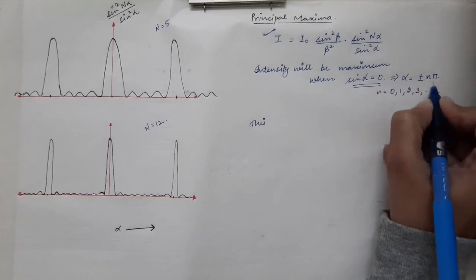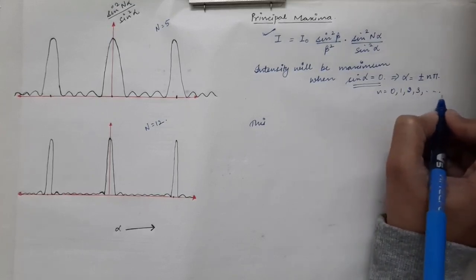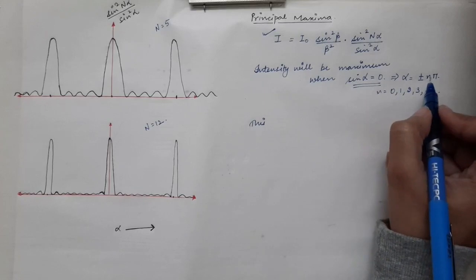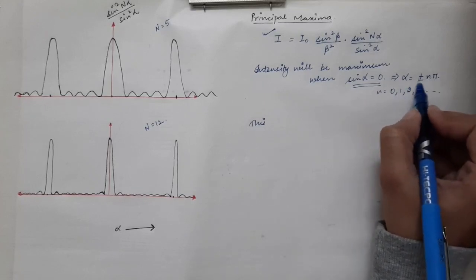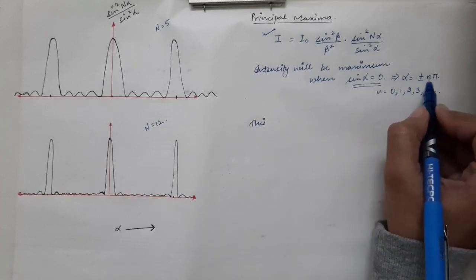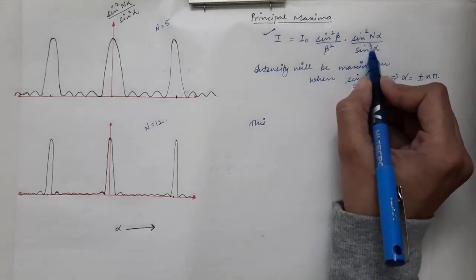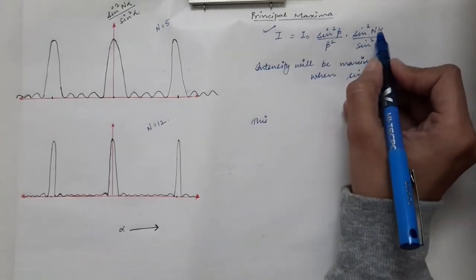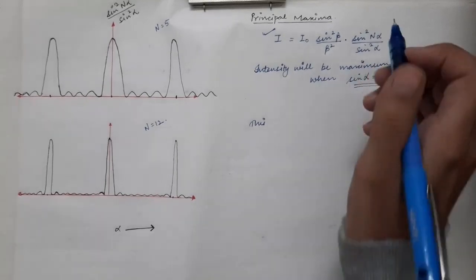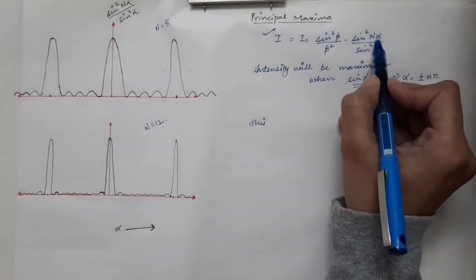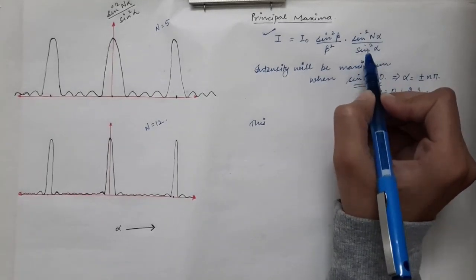This integer n can take any value 0, 1, 2, 3. So let's say it has a value of 0. In that case alpha will be equal to 0, and sine square alpha is 0, and the numerator will also become equal to 0.